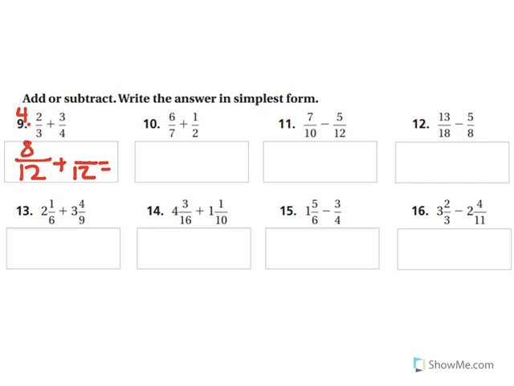And then I have 4 times 3 is 12, and 3 times 3 is 9. So I end up getting 17 twelfths, which is the same thing as 1 and 5 twelfths. All right?